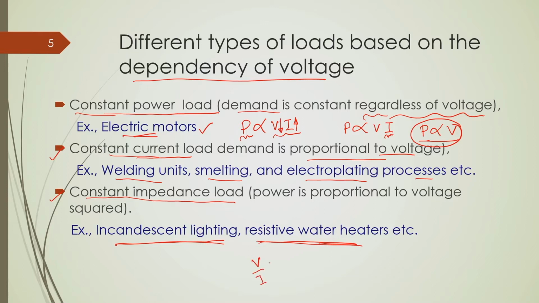Now, as you know, V by I is equal to Z. As long as Z remains constant, I can replace I with V by Z. Power is proportional to V multiplied by I, so replacing I by V by Z, and Z being constant, it is proportional to V squared.